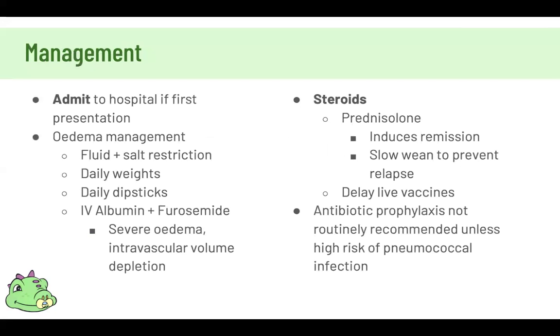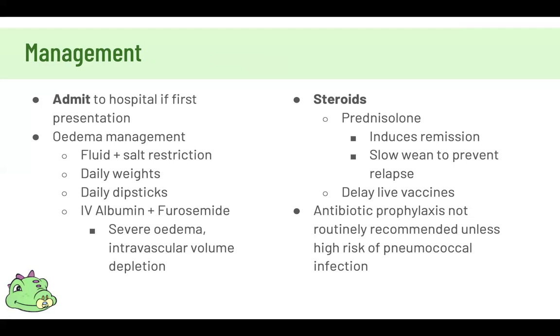The management of nephrotic syndrome, if it's a first presentation, the child has to be admitted to hospital. If it's recurrent and you know that it's not serious, then they don't necessarily have to be admitted, although most children with nephrotic syndrome would be admitted to hospital. The mainstays of treatment, there's a few things that you want to manage. So the first one is the edema management.